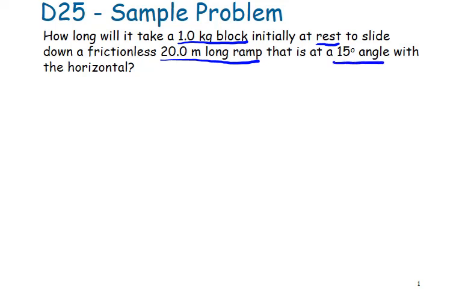The first thing we want you to do is draw the free body diagram of the object, and then solve for the acceleration in the x, and once you solve for that, we'll continue from there. We'll see if you can get that first. So go ahead and pause the clip, and then when you're ready, you can start.